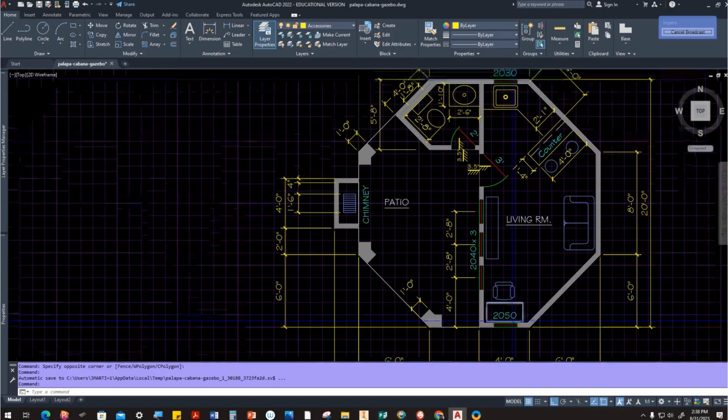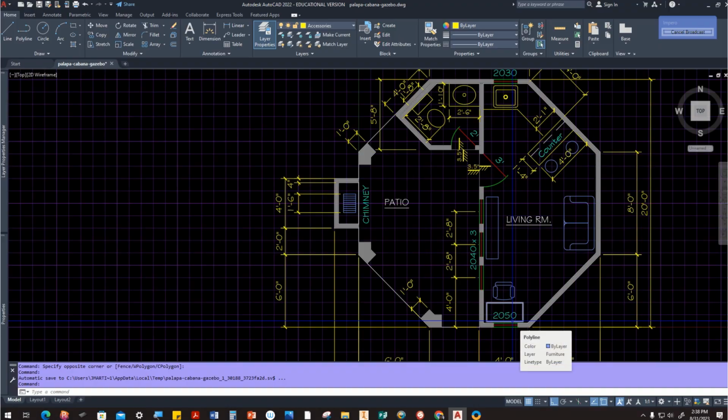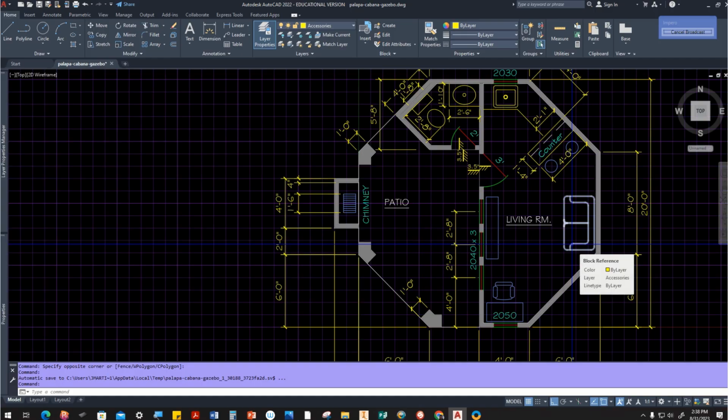I want to give you time for you to complete all the symbols. And these are in sharp line weight. Don't do it super heavy. Everything that is blue is in sharp, as well as these fixtures.